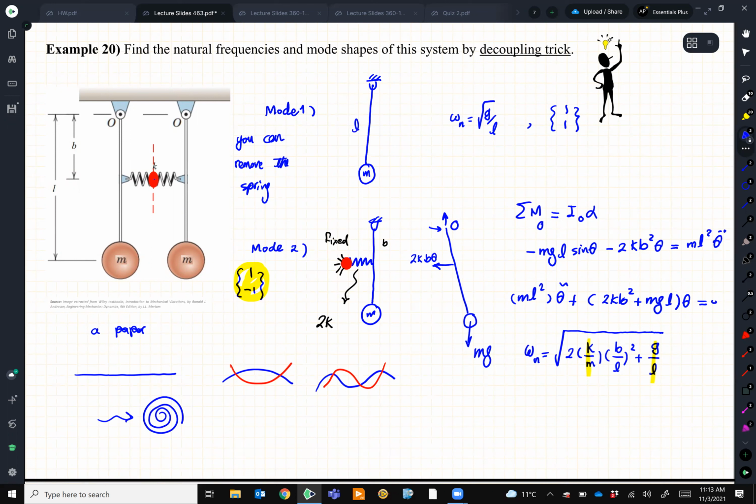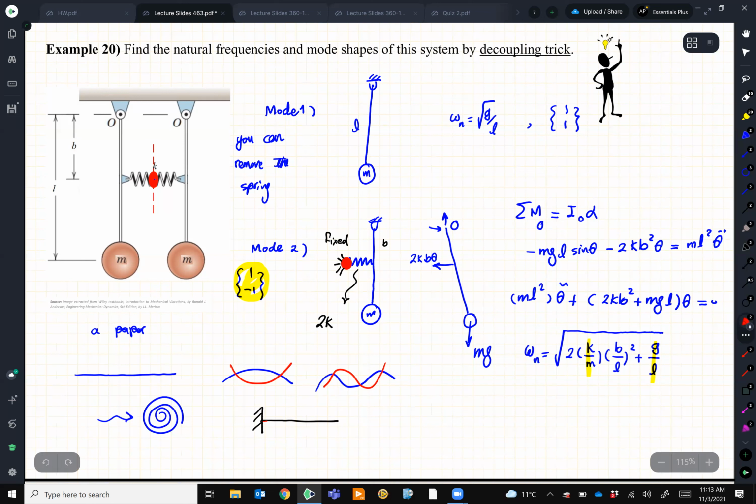So if you have, for example, a cantilever beam, let's say you have a steel ruler, and you attach it to the desk, okay? So it's a cantilever beam. And if we excite the whole base, how can this cantilever beam move?